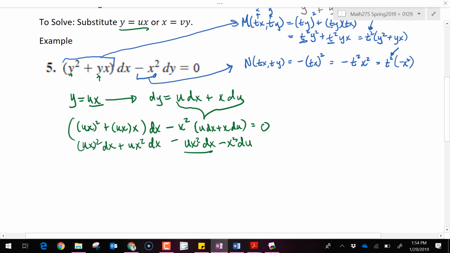And so if I can combine, oh, look at these two, they cancel, and then that's nice, right? And then I have u x squared dx minus x cubed du is equal to 0.